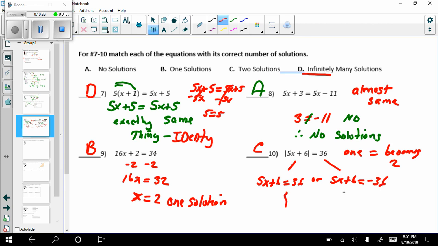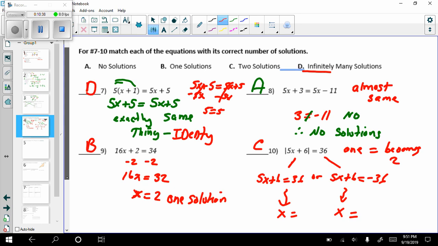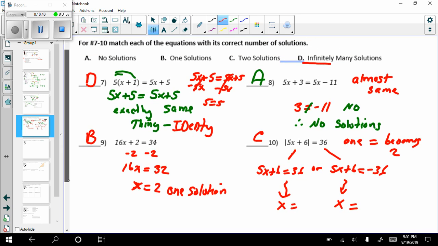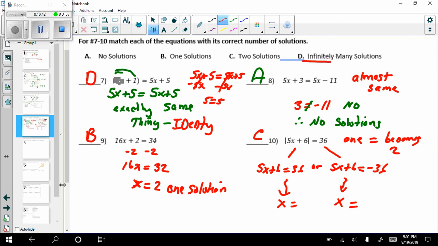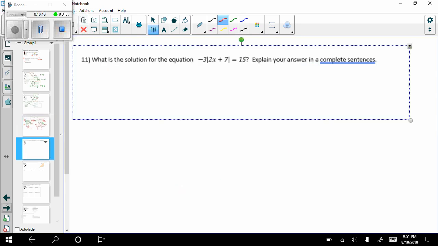And you solve, and you solve, and you get two different things, x equals or x equals. All right, so this is two solutions. You didn't even have to solve it, you just had to recognize that there were two of them. This became a problem a little later in the test when you had to actually solve something. A lot of people didn't remember that there were two solutions.